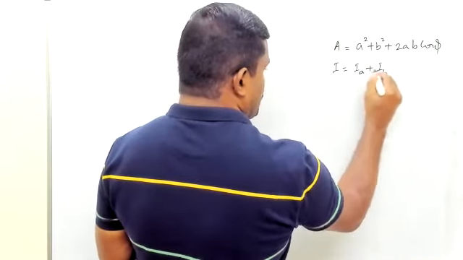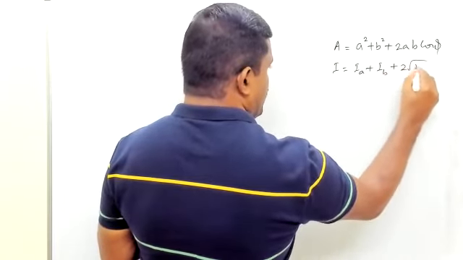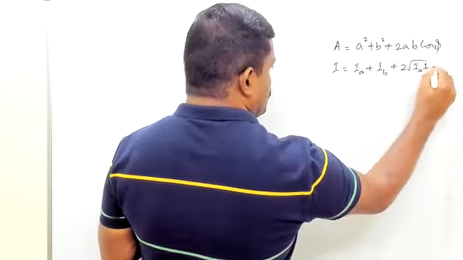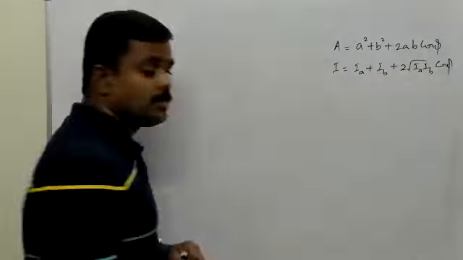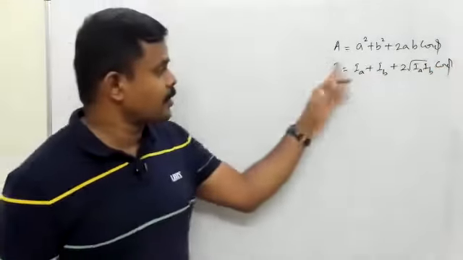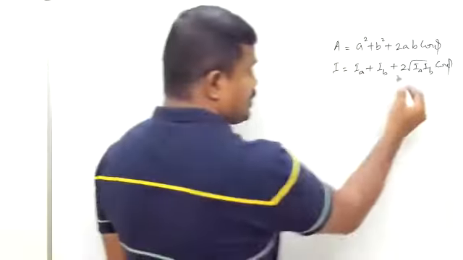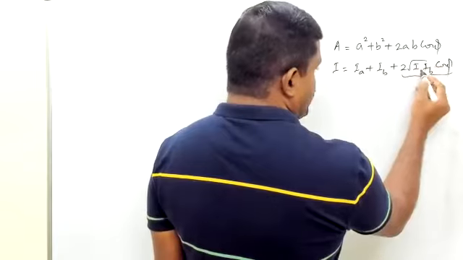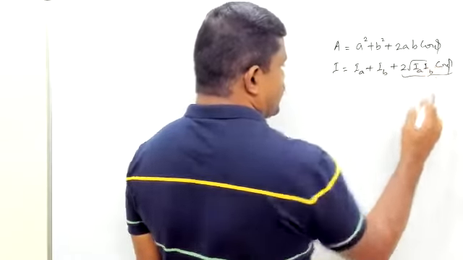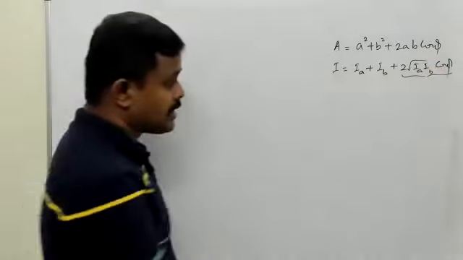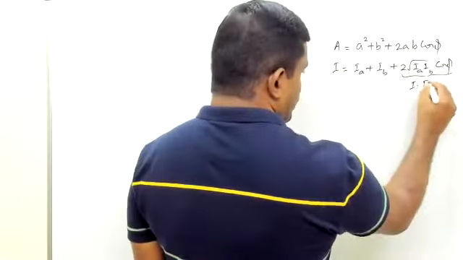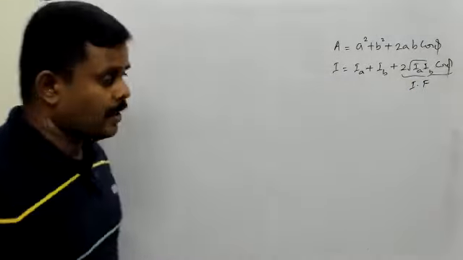Ia plus Ib plus 2 root IaIb into cos phi. You need to memorize these equations. And the last term, which is causing the phenomenon of interference, is called interference factor. Okay. All right.